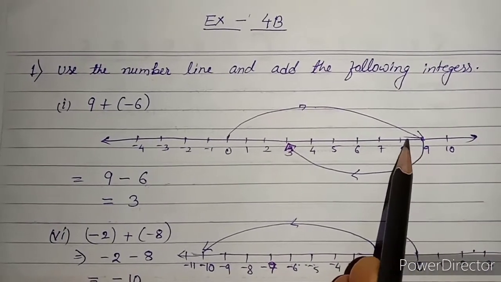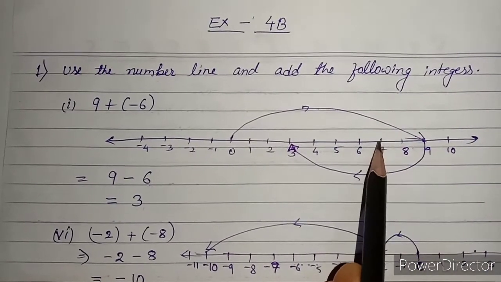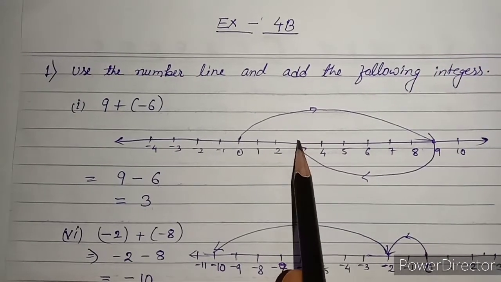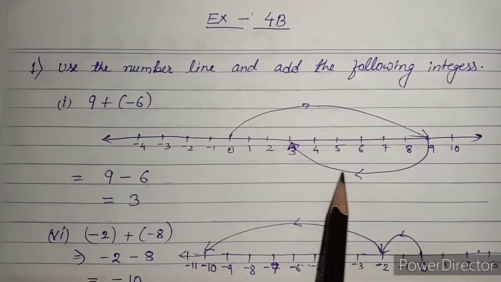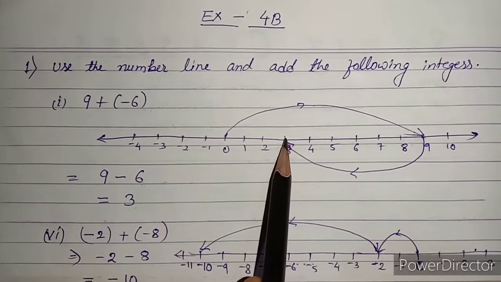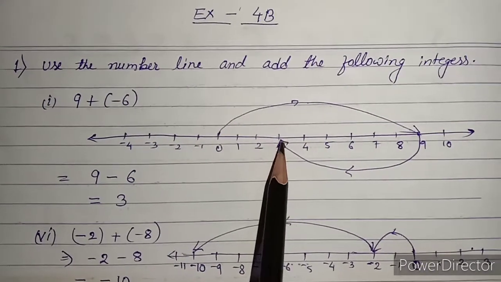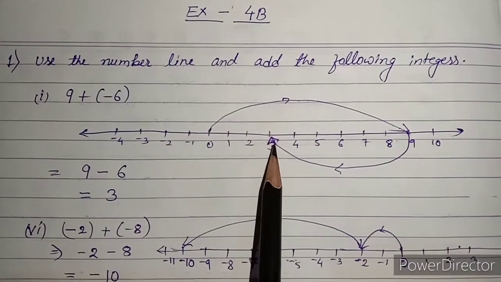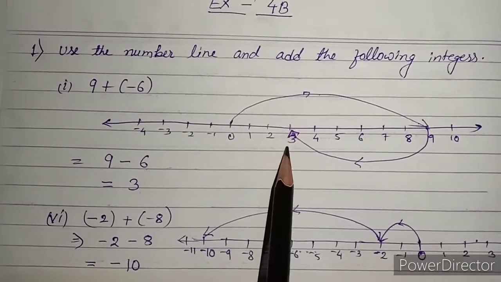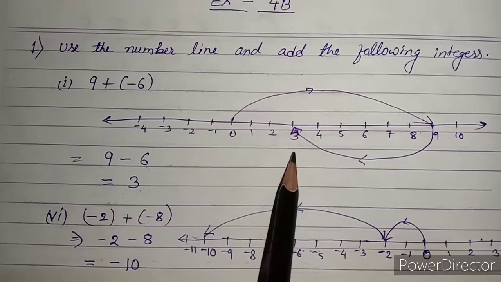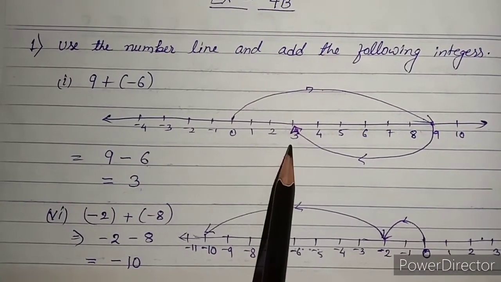From here you count the 6 numbers, 1, 2, 3, 4, 5, 6. That means you will reach 3. If minus is there, that means you have to move to the left. If plus is there, then you have to move to the right. So 3 should be the answer here, and on the number line also you will get the answer as 3.